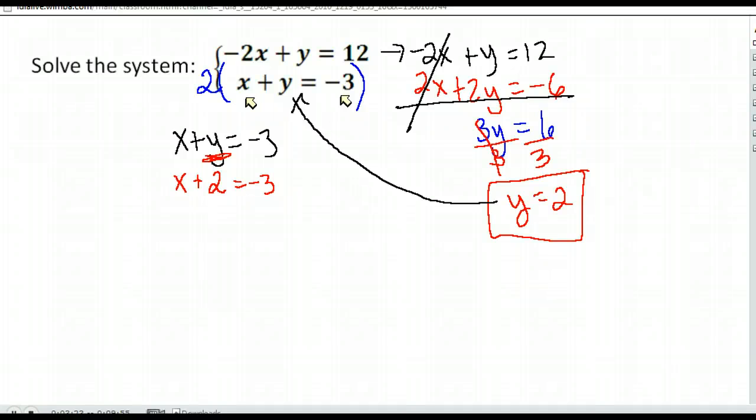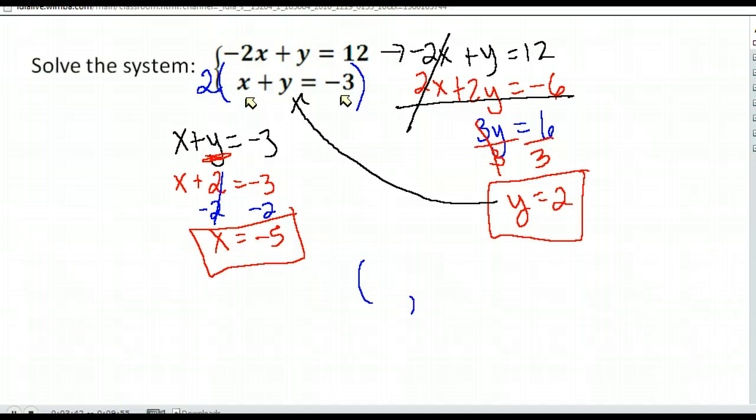And I solve that equation for x. So I'm going to subtract 2 from both sides, and I get the solution, x equals negative 5.